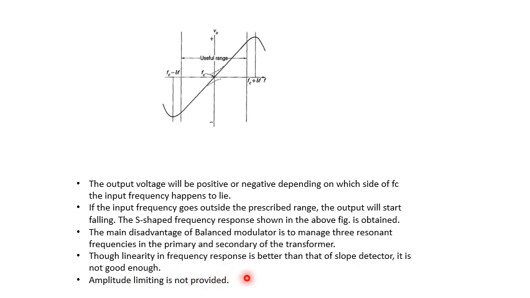That is, if there are amplitude variations in the FM wave due to stray signals, this circuit is not capable of distinguishing them and responds to these amplitude variations, and these fluctuations in amplitude result in noise in the output of the balanced slope detector.